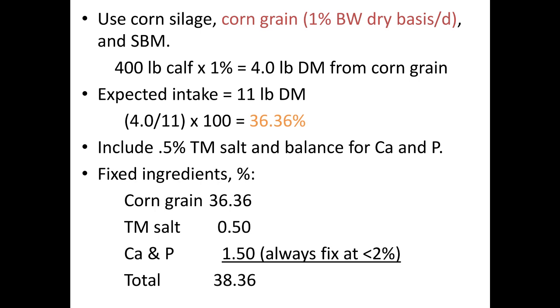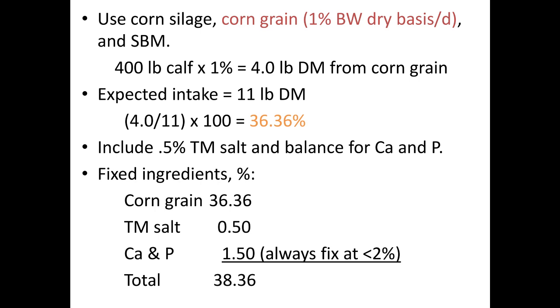So with that being said, if we add together the amount of corn grain, the amount of trace mineral salt that we need to include in the diet, and the 1.5% that we've fixed for calcium and phosphorus so that we've left room at the end to balance for those, that's 38.36% of the diet that's fixed. If 38.36% of the diet is fixed, how much corn silage and soybean meal do we need to add to the diet?